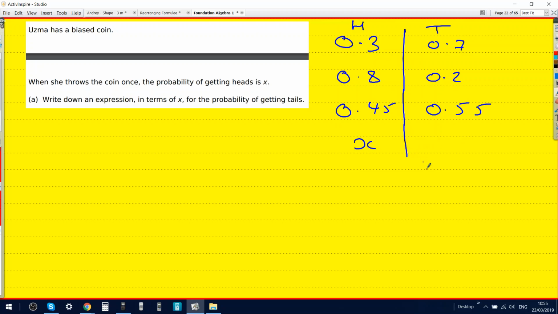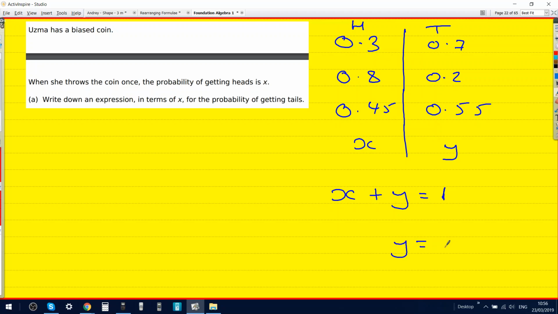And if it was X? Would it be X as well? So the way you're working these out, these two have to add up to give you 1. So let's say X plus Y is equal to 1. What is Y equal to?